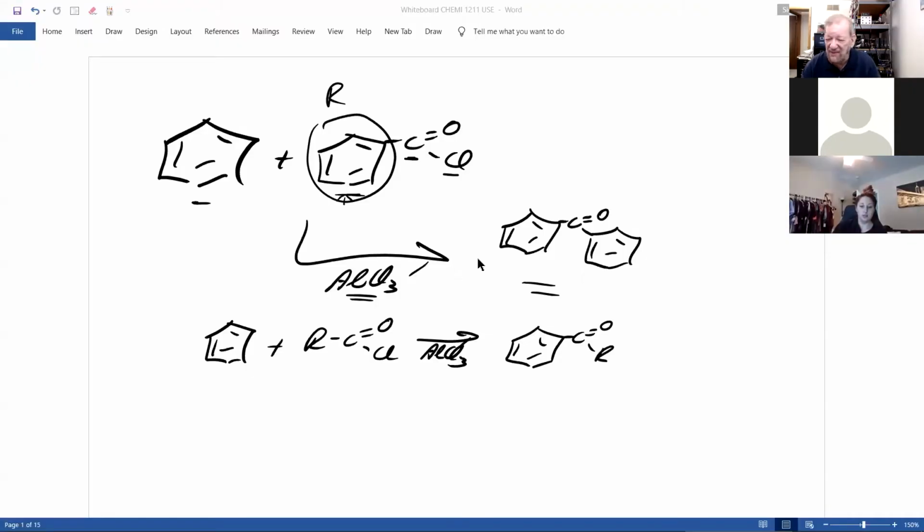Well, if you've ever used suntan lotion or sunscreen, an aromatic ketone keeps the ultraviolet light from damaging your skin and getting cancer, which is a good thing. And for many, many years, benzophenone was that ketone. And guess what? You just learned how to make it.